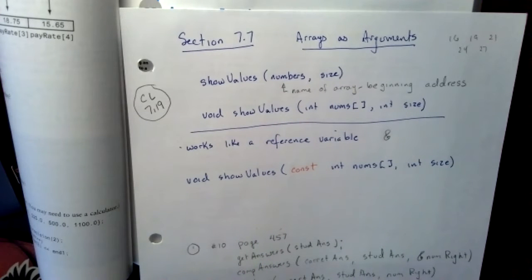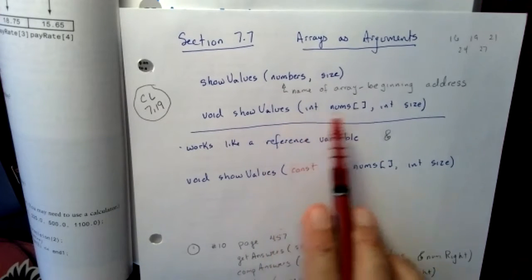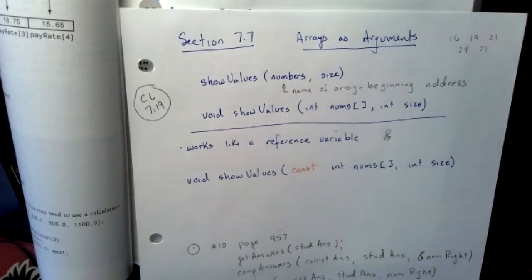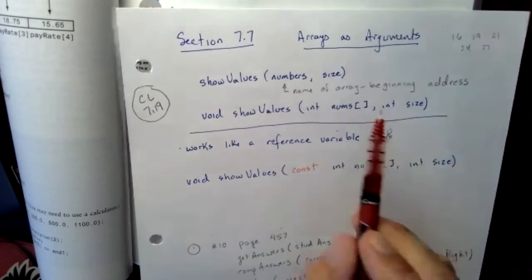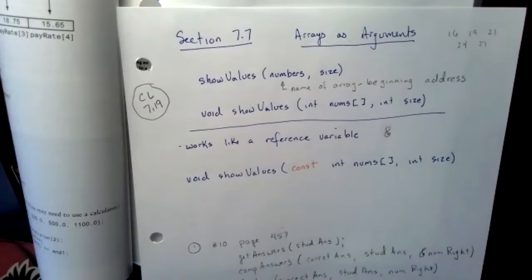It's kind of like a string. It's a reference variable, the beginning address of it. That's all we're going to need. When we receive it, it's already been declared as int, so we know that's tied into it as well. And we are going to pass in the size of the array, so we now know how long it is that we want to work with.